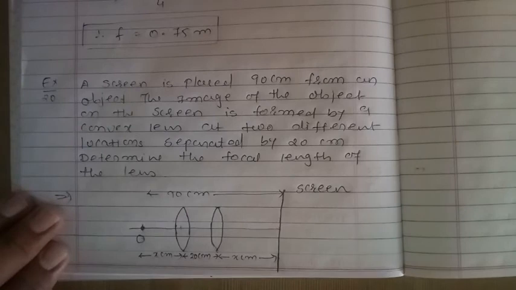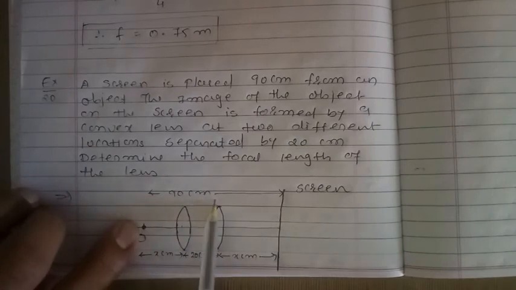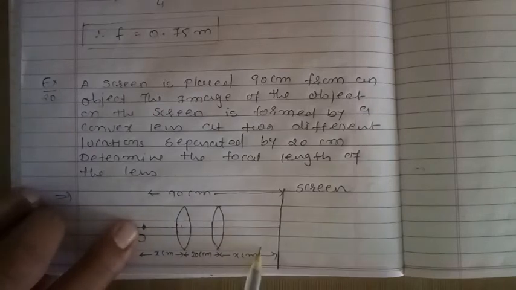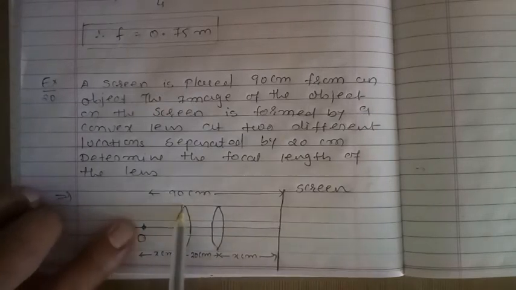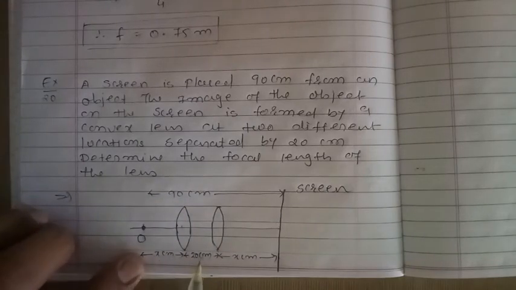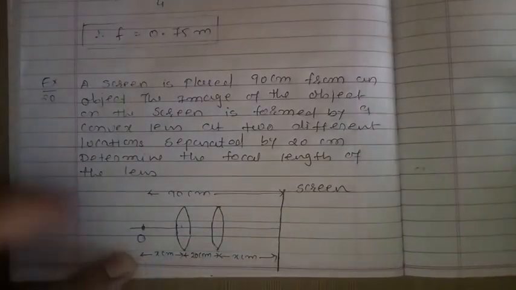The total distance between object and screen is 90 centimeter. So we can say x centimeter plus 20 centimeter plus x centimeter, total distance is 90. So from the figure, x plus 20 plus x is equal to 90.